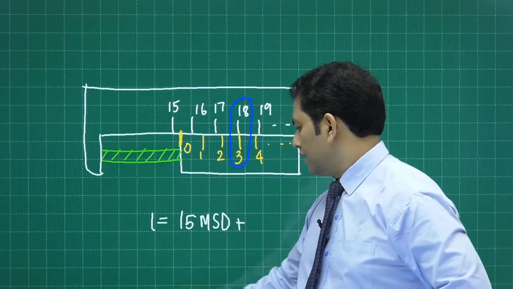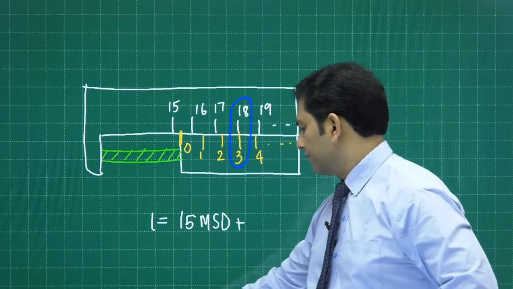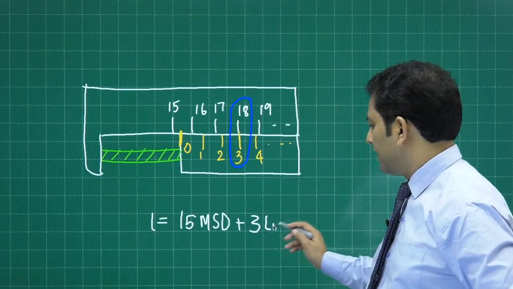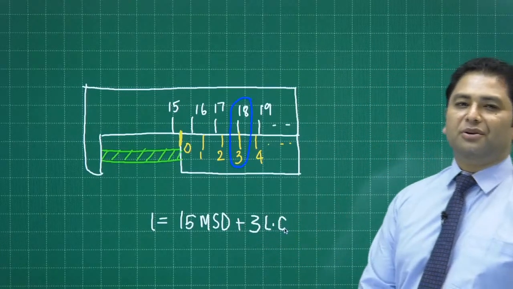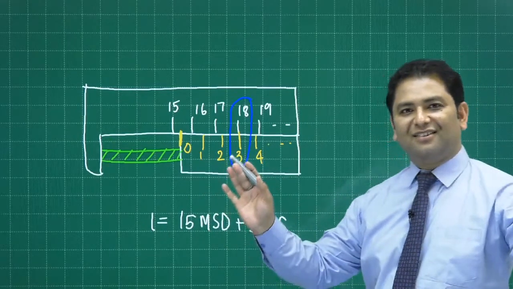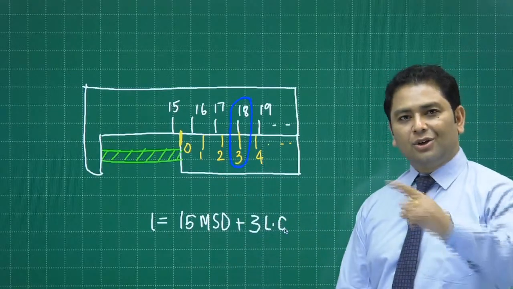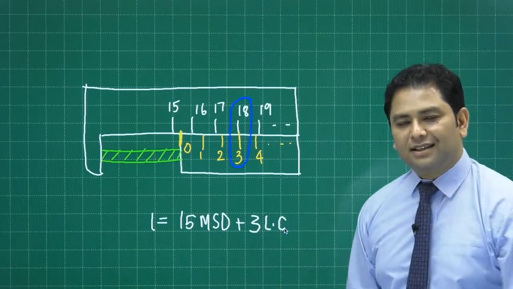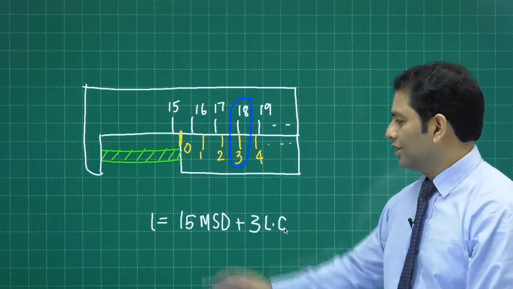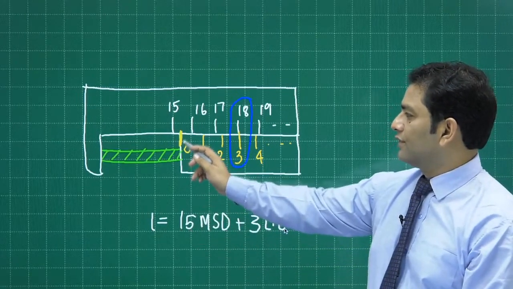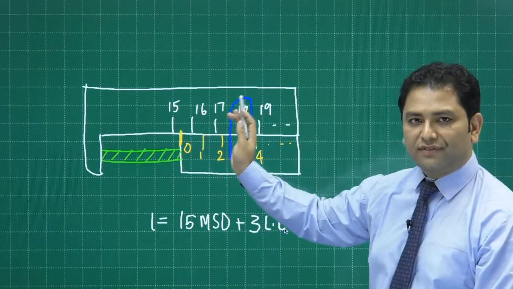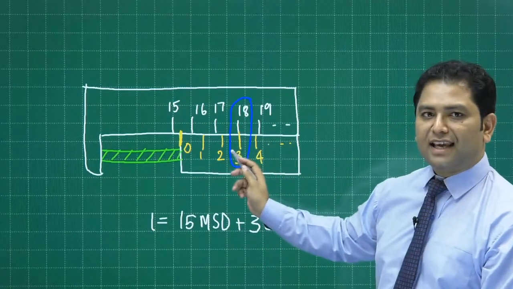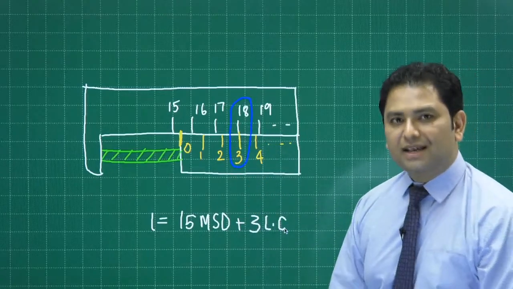So you are going to write it this way, plus 3 multiplied by the least count. This is how it goes. So this is the whole technique, quite simple. As I've already said, those who have not done the vernier caliper calculation before, there's nothing to worry about. Very simply you can do it. Why 15? Because the 0 of vernier is after 15. And why 3? Because the third vernier scale division matches with the main scale.